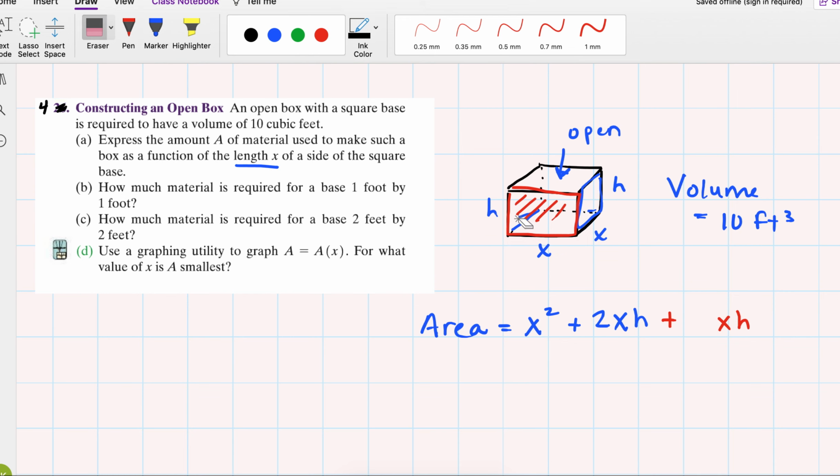But not only do we have the front, we have this back here. You can see that back here, I have a side of the box, and this length is x, and this is h, so we're going to have 2xh. Okay, so the area of such a box is x squared plus 2xh plus 2xh, and we are not including the top.